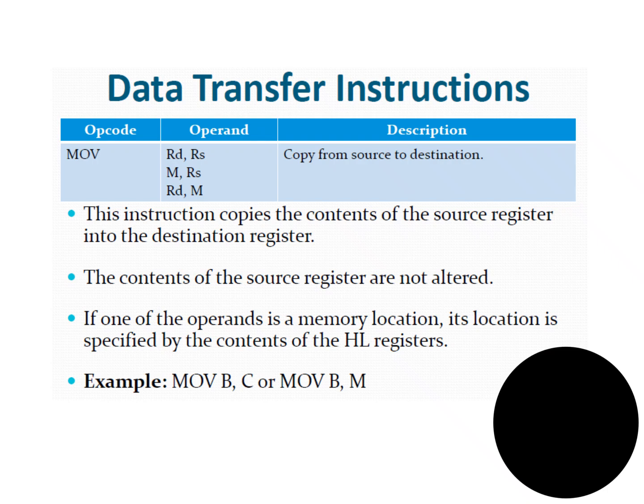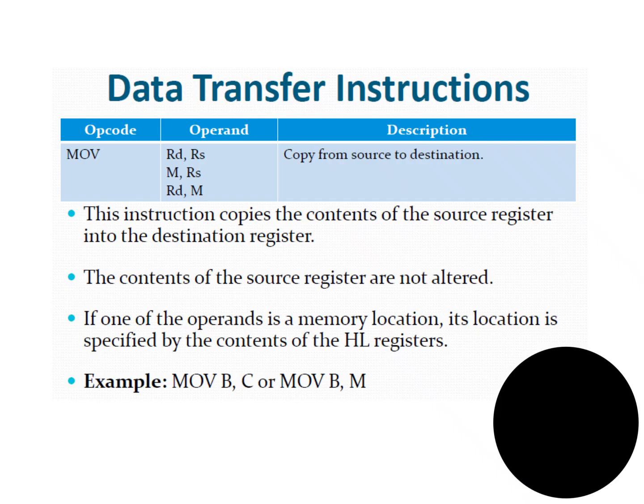After the execution, the C register has 35 and the B register also has 35. It is changed from 25 to 35 because we are copying the data from the C register to the B register.